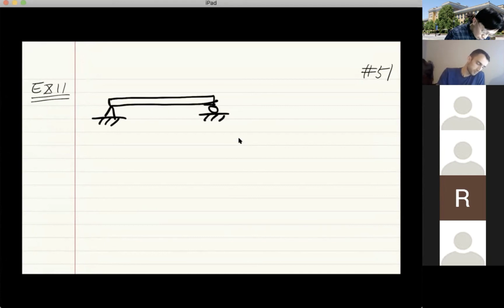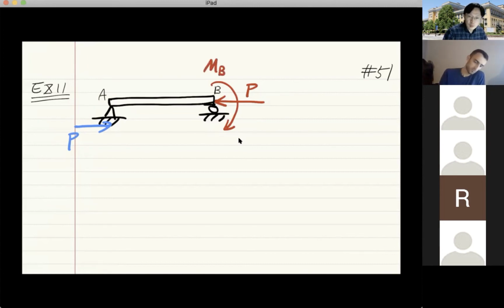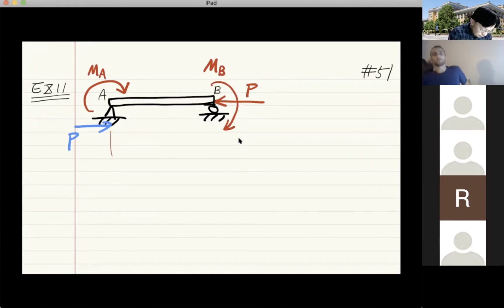We have an axial force acting right here, and of course it produces a reaction force right here, and you also have an external moment acting at support B. So on the left, that's A, on the right, that's B. That means you have a clockwise end moment acting at B, and another clockwise end moment acting at A. Everything else is the same, which means you still have the total length being L, and EI is constant.